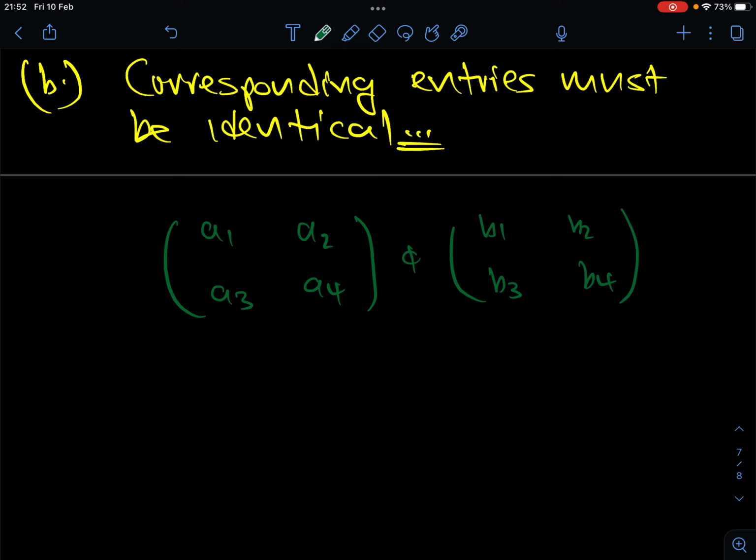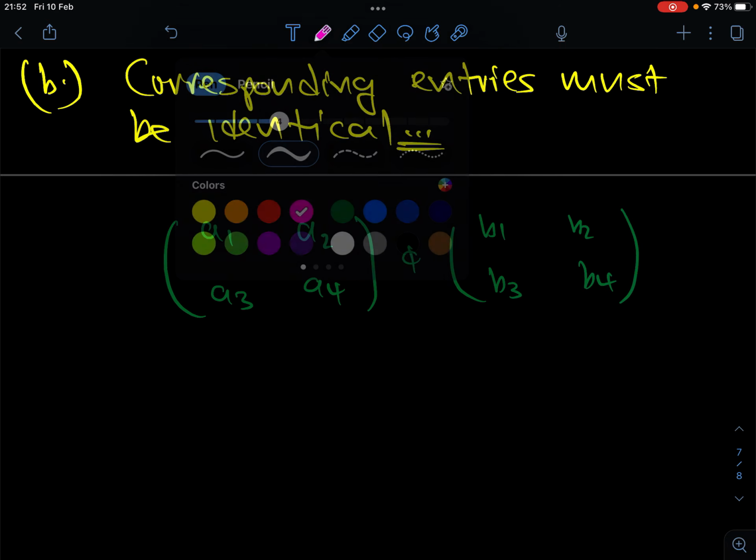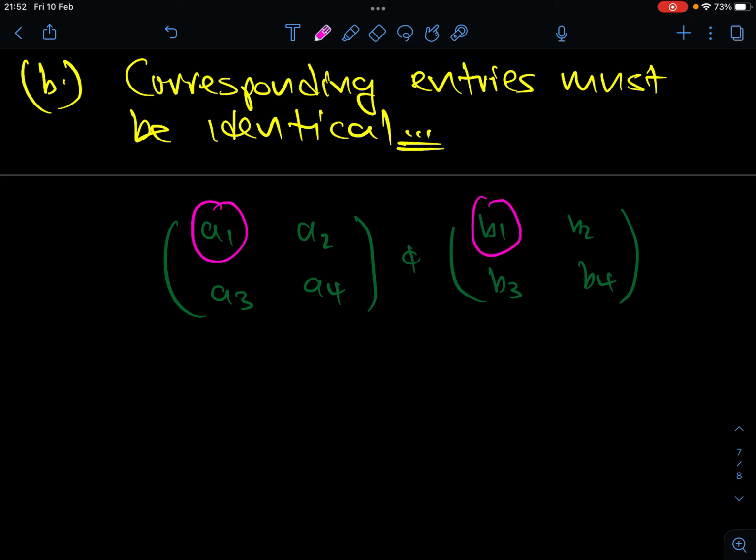If you look at these two elements here and here, we say they are corresponding entries because they occupy the same position. If I were to ask you to describe the position of A1, you will say upper top left, and B1 is also top left. So both these elements have positions that can be described using the same set of words.